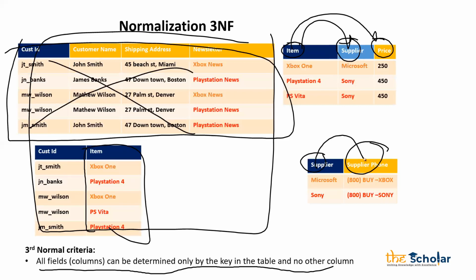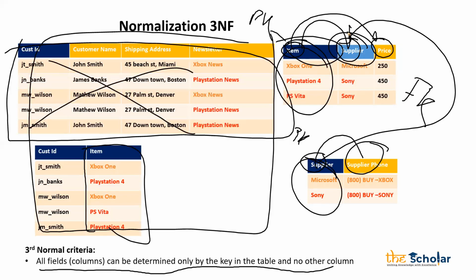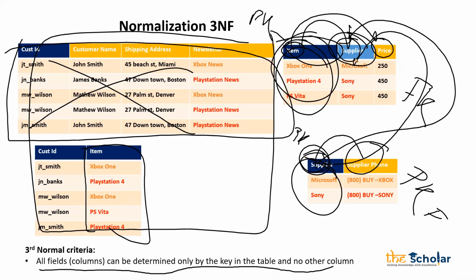Now if we see here, item is a primary key in this table. I can have unique values here only. Supplier is a primary key in this table, unique values. Supplier is a foreign key in this table, right? We'll talk about primary key, foreign key soon, this week. So you can clearly see that there is a relation between this table and this table on the supplier key, where supplier is my primary key and in this table supplier is a foreign key.